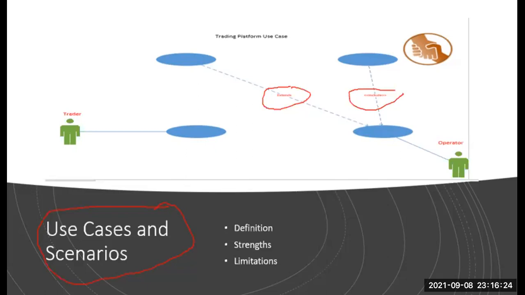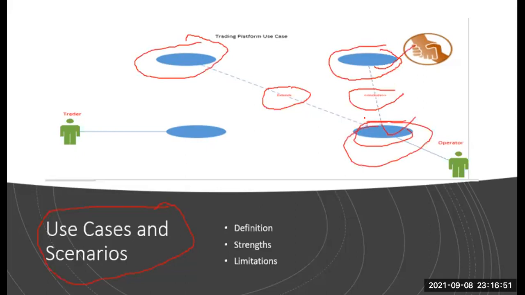But you use includes when each time this use case is executed, it has to make use of the other use case. So in includes, when this use case is executed, the other one should also be executed. Whereas in extends, this can exist in isolation. This is a nice-to-have use case. We'll look at a simple example.